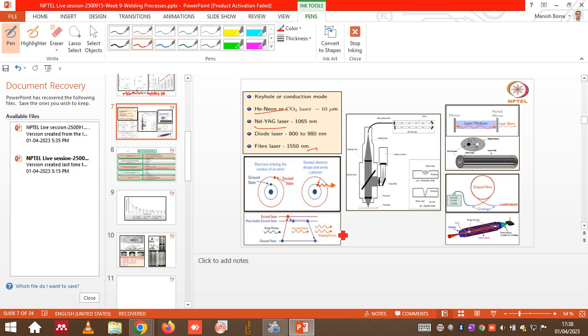Okay, so this source is quite big in case of solid state laser, but in case of fiber laser, the laser source is in the form of an optical fiber cable. So that is very flexible, and we can join any zigzag kind of welds also, and it always has higher power density.